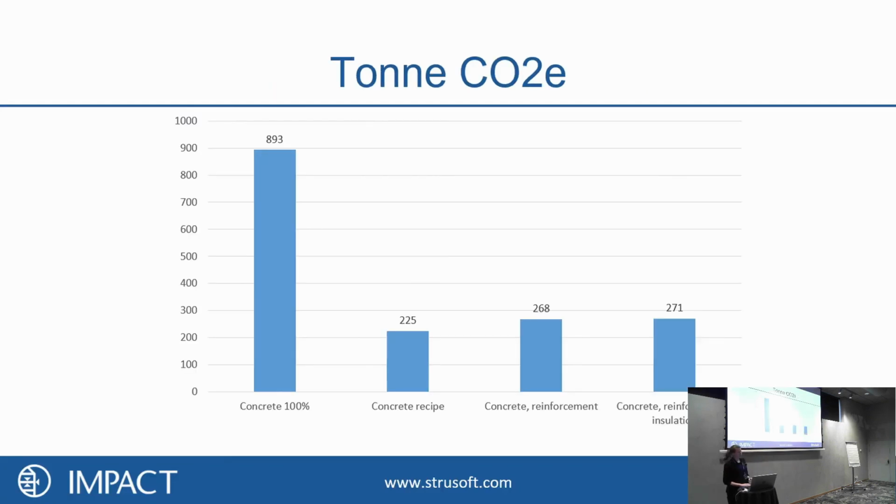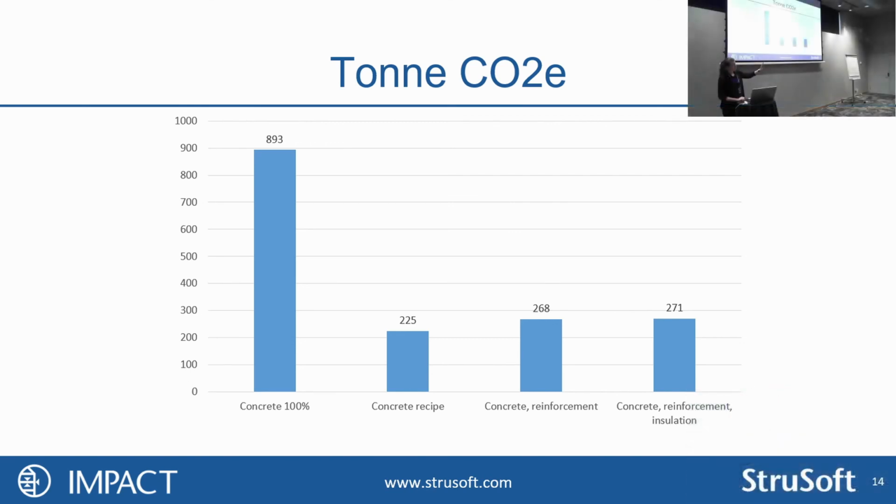And here is one more slide. If we go from left to right, I will explain the different bars. The first bar is when I have 100% cement in my concrete. That is, of course, not reasonable, but I get a lot of emissions. So in the second bar, I start to define my concrete recipe.